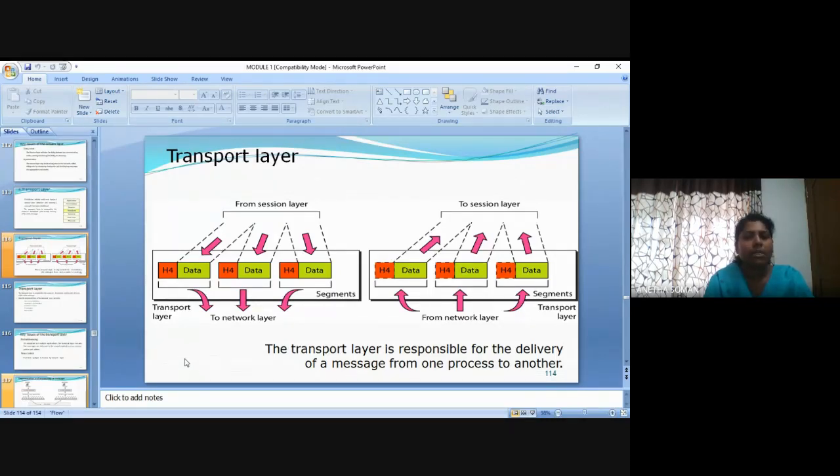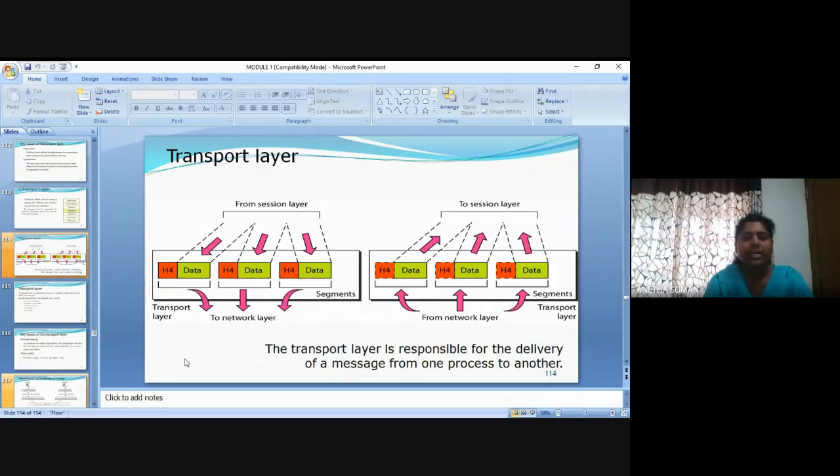Now, what is the importance of the port number? The port number helps to direct each segment to the correct application. This is what I told, process to process. Many applications will be running on the sender as well as the receiver side. If a segment reaches exactly the correct application, that is done with the help of the port number.